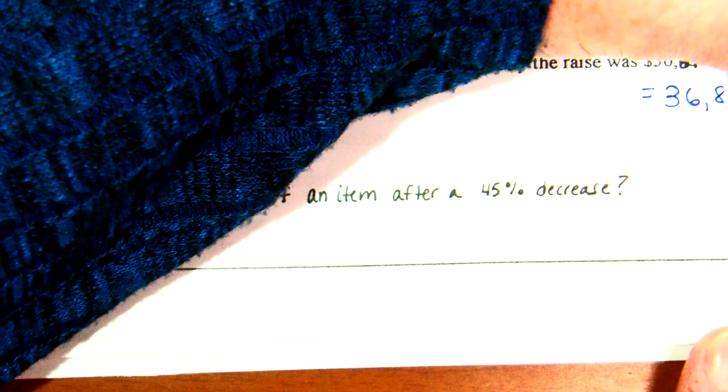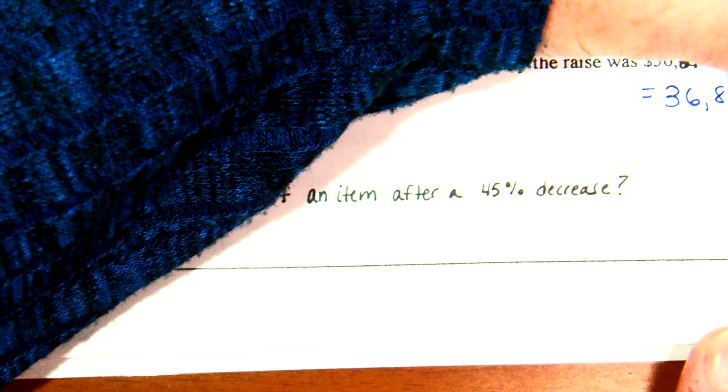Okay, his raise is 8.5%. Percent of what? Salary. His original salary. What's his original salary? X. So I'm going to clean this up here in a moment, but the idea I'm going to go with is his original salary is X plus, how do you express 8.5% of X?